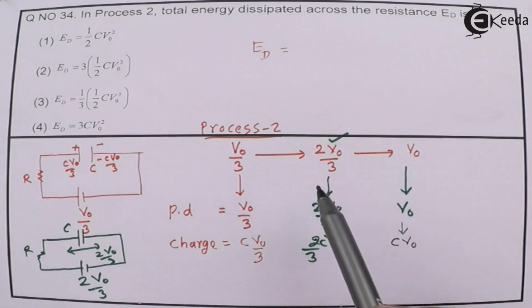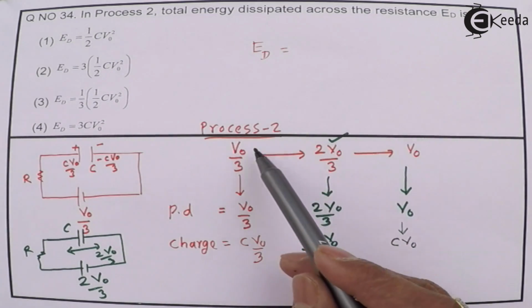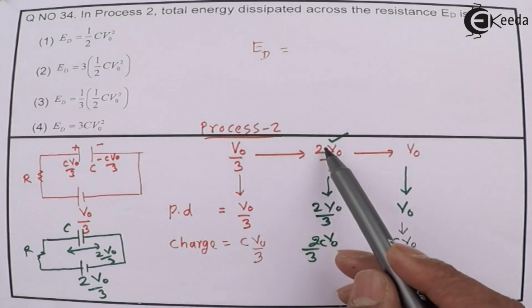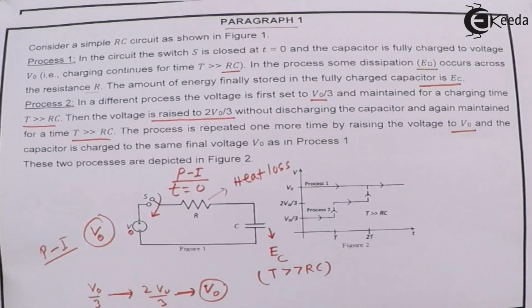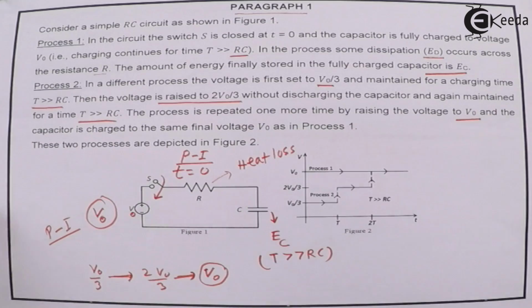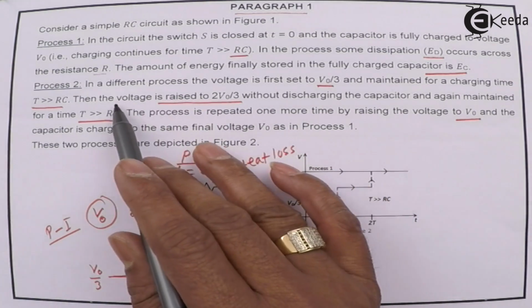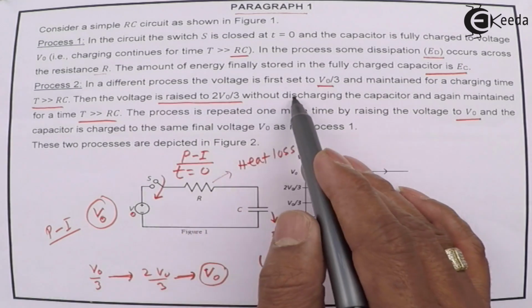Now, from here to here, how much charge is transferred? The charge here was CV naught by 3, because the capacitor is not discharged while upgrading the voltage. You can see that the voltage is raised without discharging the capacitor.